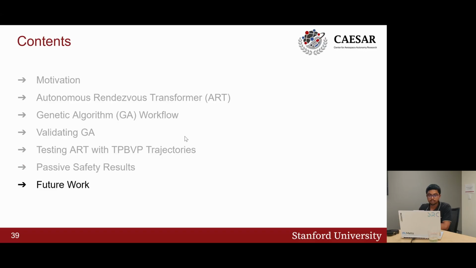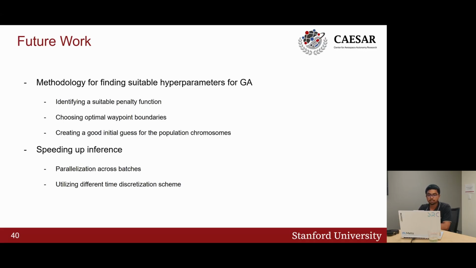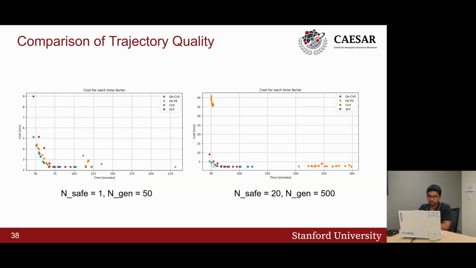I think that forms the main motivation for future work as well. GA has a lot of hyperparameters, and maybe fine tuning them is one of the ways in which we can hopefully get better solutions than the SCP. The hope is that in the end we use GA to get very high quality training trajectories, which can be indicated by the Pareto front coming within the region just below SCP.